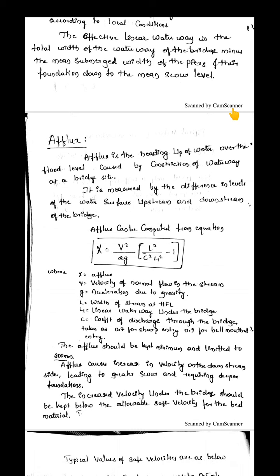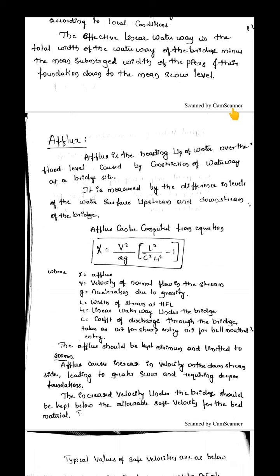When there are fewer abutments or piers, because the linear waterway is equal to the total width of the water surface at the upstream minus the mean average width of the piers. If the piers are fewer, the linear waterway will automatically be more, and the afflux will be less.